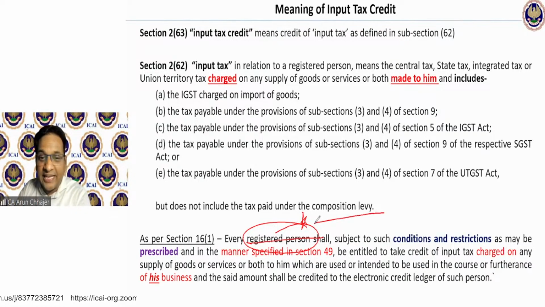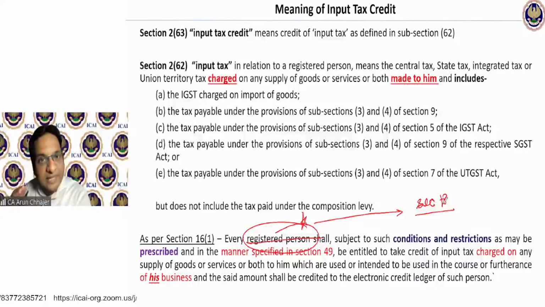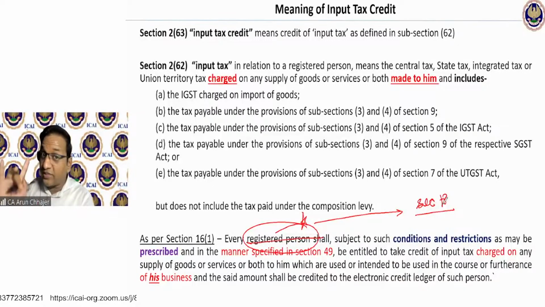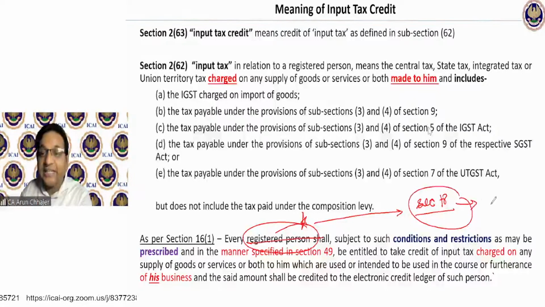But at the same time, you will read in section 18 that if you are unregistered, there are some circumstances. There are 4 circumstances covered in section 18, wherein at the time of the transaction either you are unregistered or you are not eligible, but you can take the ITC because it is covered in section 18, ITC in case of special circumstances.